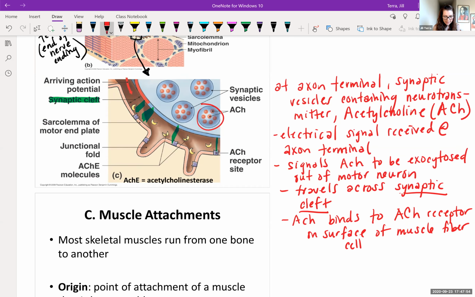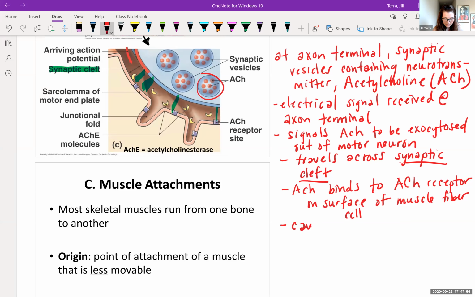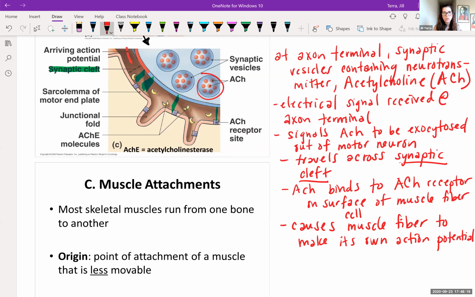And what that does is that causes the muscle fiber to generate its own action potential, its own electrical signal. And it's at the cell surface that that happens.